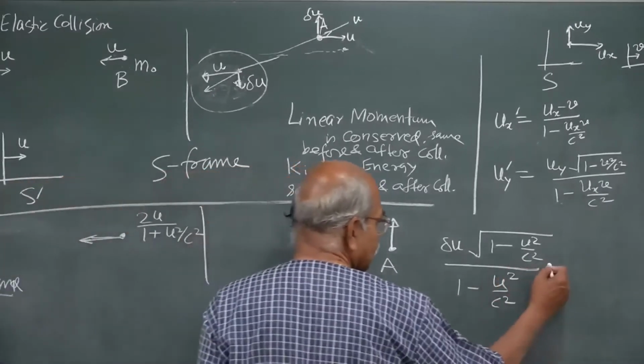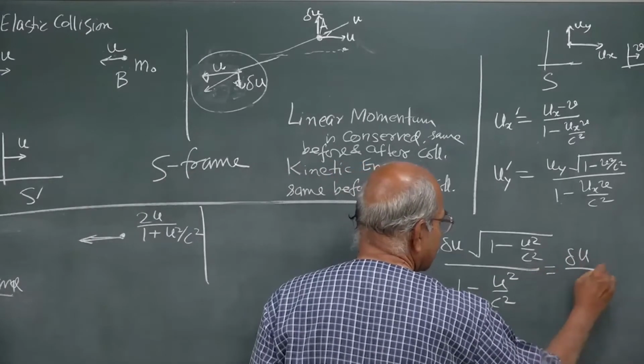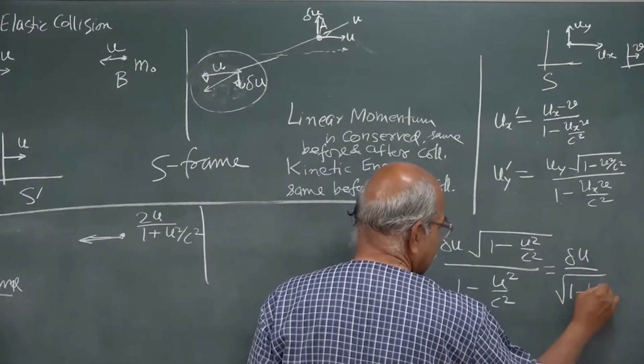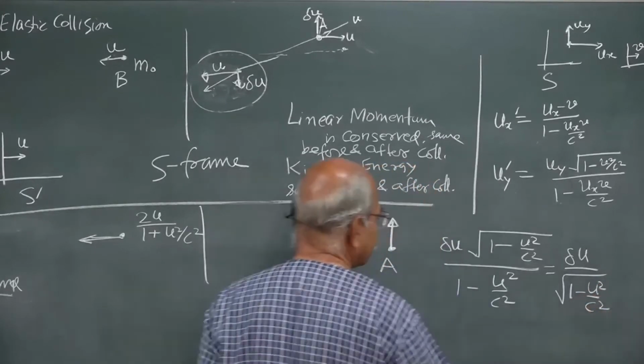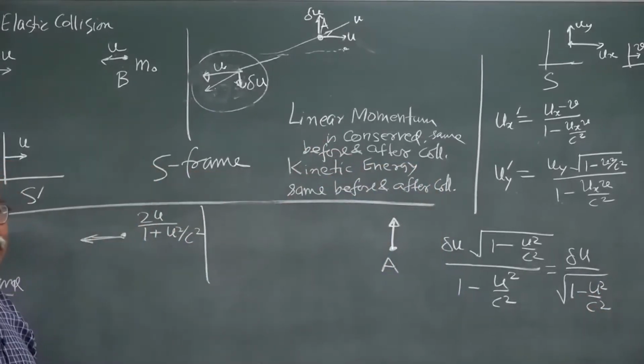Therefore, this is delta u divided by the square root of 1 minus u squared by c squared. So that is particle A.